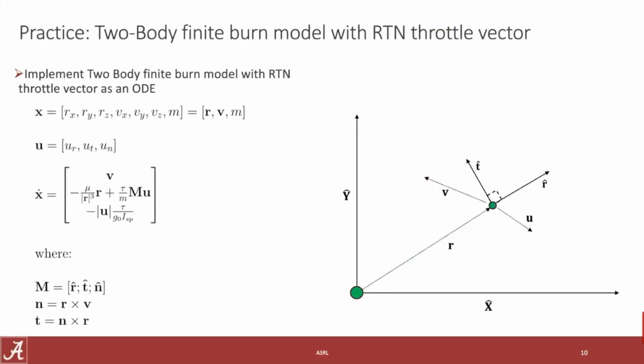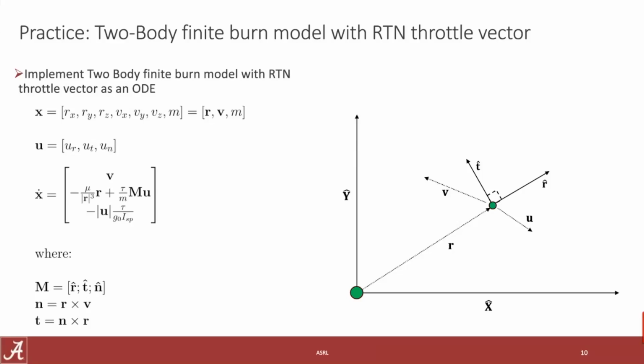So now that we've gotten to walk through, let's do a practice and then walk through that solution. Let's do one more test with, you'll remember, our last function that you wrote for the vector function slides, where it was a 2-body with a low thrust engine. In that case, we forced it to go in the RTN direction.